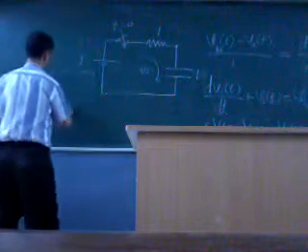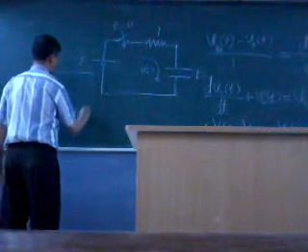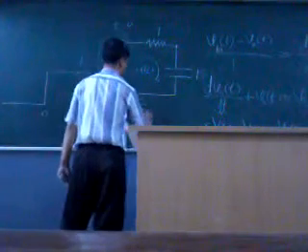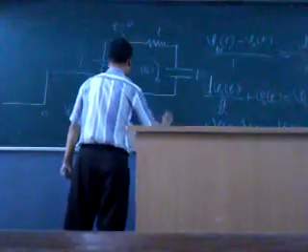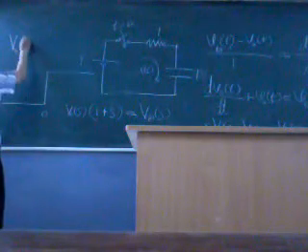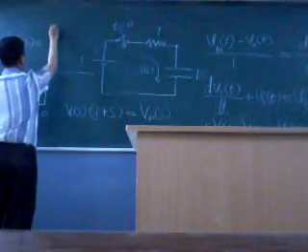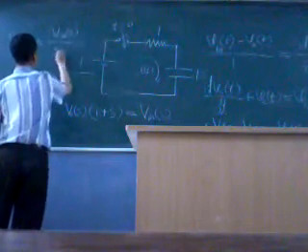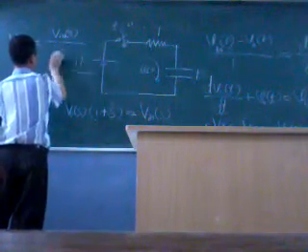So what is Vo(s) now? Vo(s) into bracket 1 plus s is equal to Vin(s). So we get Vo(s) is equal to Vin(s) upon 1 plus s, or s plus 1.